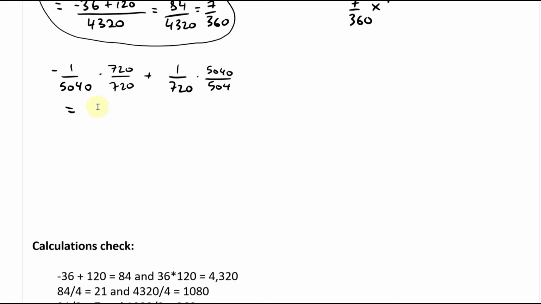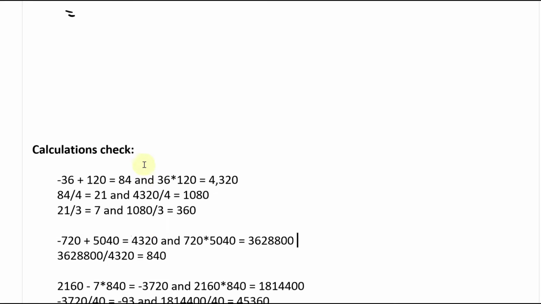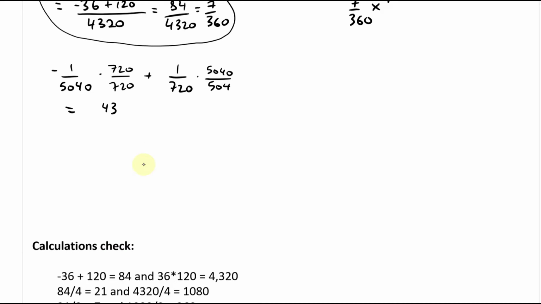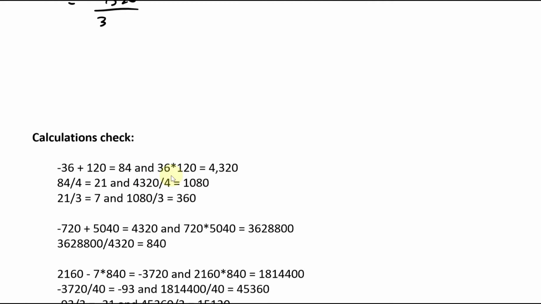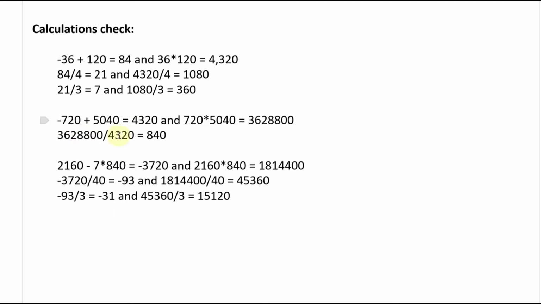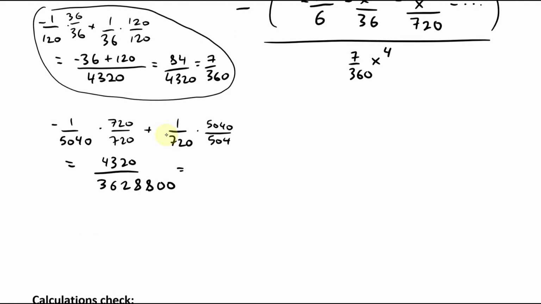Let's write this down, combined together to save some room: 4320 over 3628800. If you divide 3628800 by 4320, you get 840. So in other words, this is equal to 1 over 840.